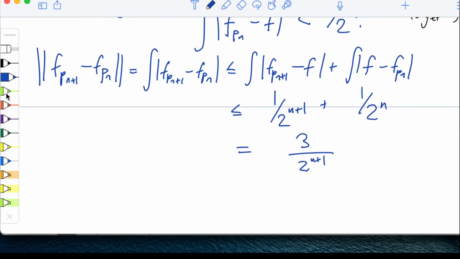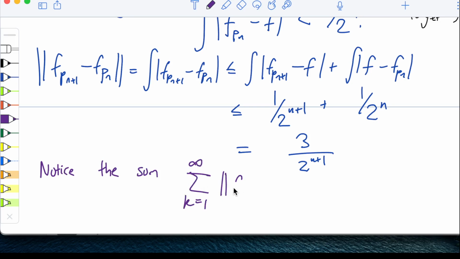I say, notice the sum from k equals 1 to infinity of the norm of fpk plus 1 minus fpk. I guess it's 3 or something like that. Should I say what it is?